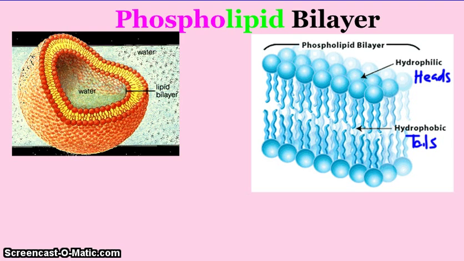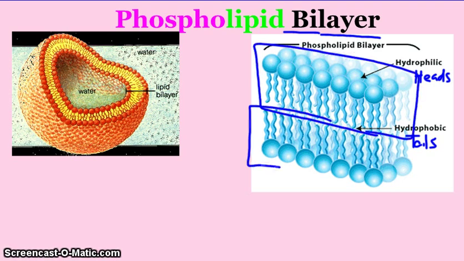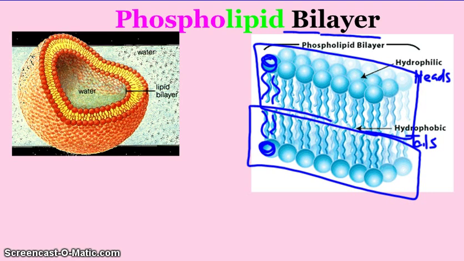And it's called a bilayer. Bi means 2, layer is layer, because there are 2 layers. We have one layer here, and we have another layer here. Each layer has its heads and its tails.